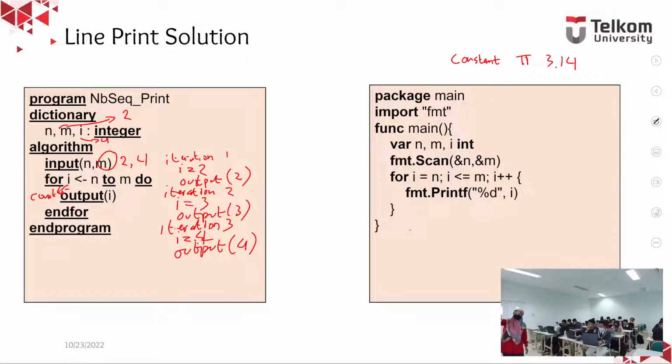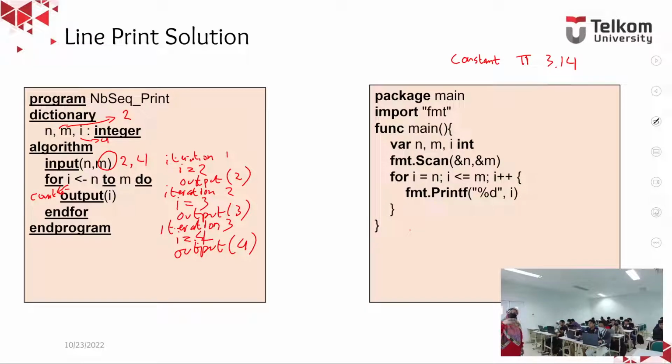Okay, back again to this translation to Go language. This is the instruction to read the input from the user. I believe you are already familiar with this statement: scan. And this is to define a loop using the for statement. For i equal to n, to i less than or equal to m.